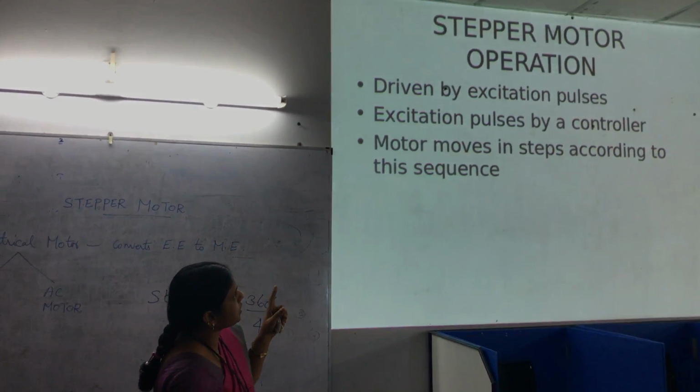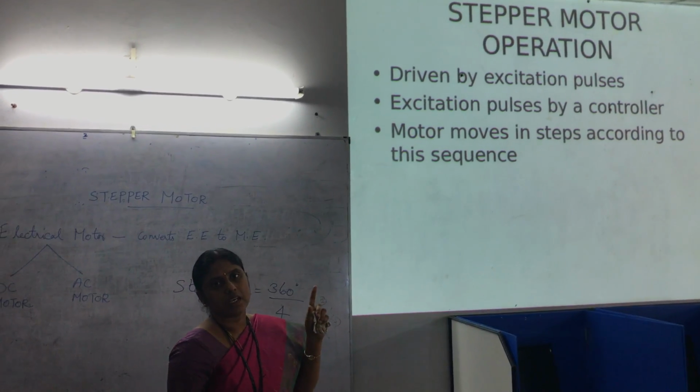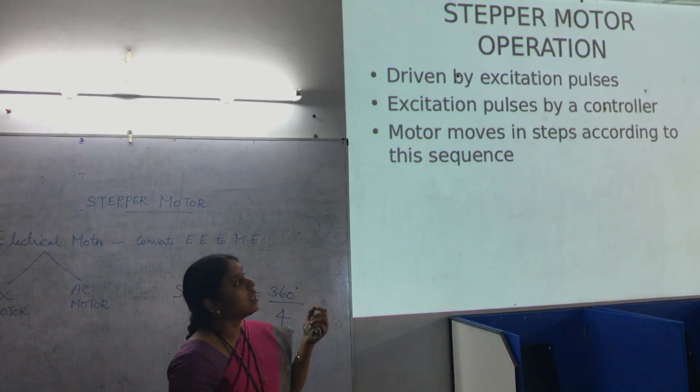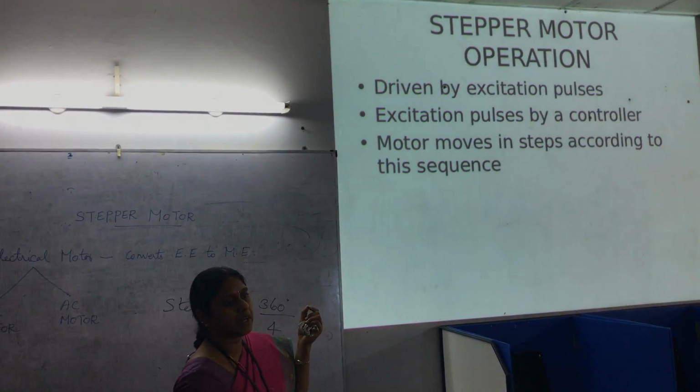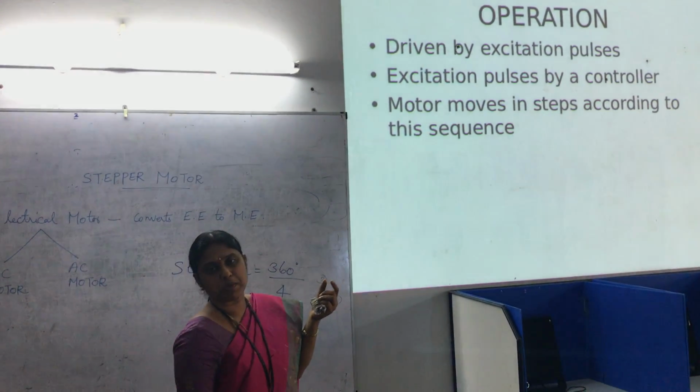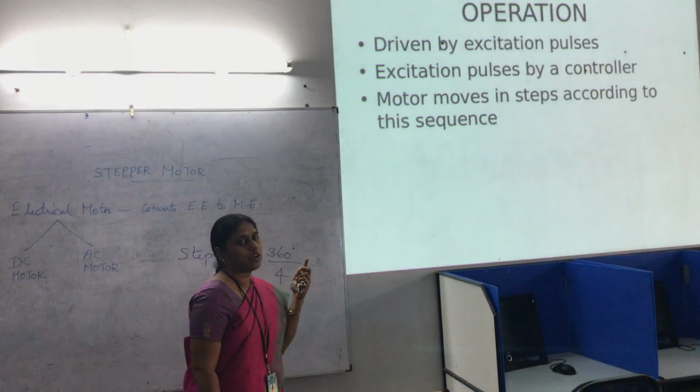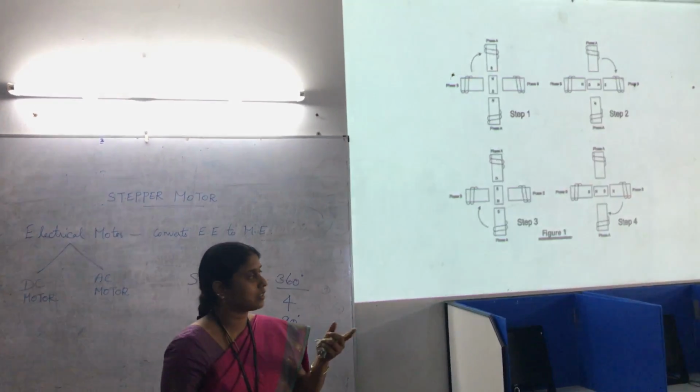The stepper motor is driven by excitation pulses, that is, the input DC supply is given in the form of pulses. These pulses are generated by the controller circuit, which may be a microcontroller circuit, and then the motor moves in steps according to the given sequence.